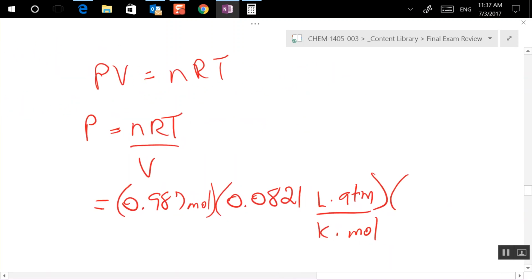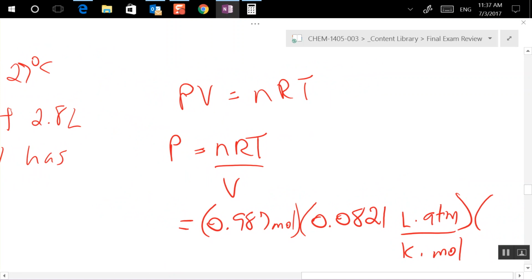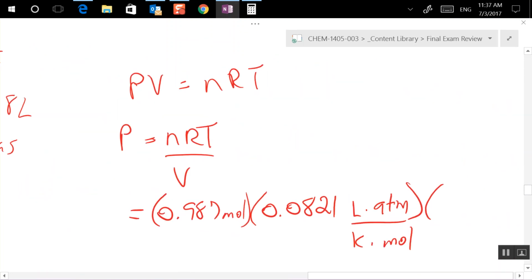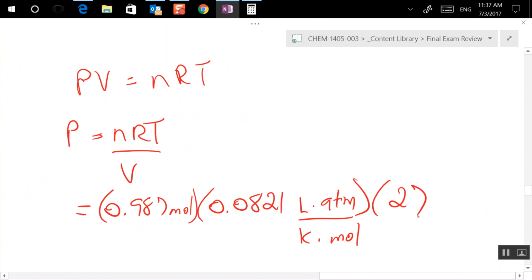What is my temperature here? 27 degrees Celsius. Plus 273. I can't forget to add the 273 to get to the Kelvin temperature, because degrees Celsius are not acceptable.